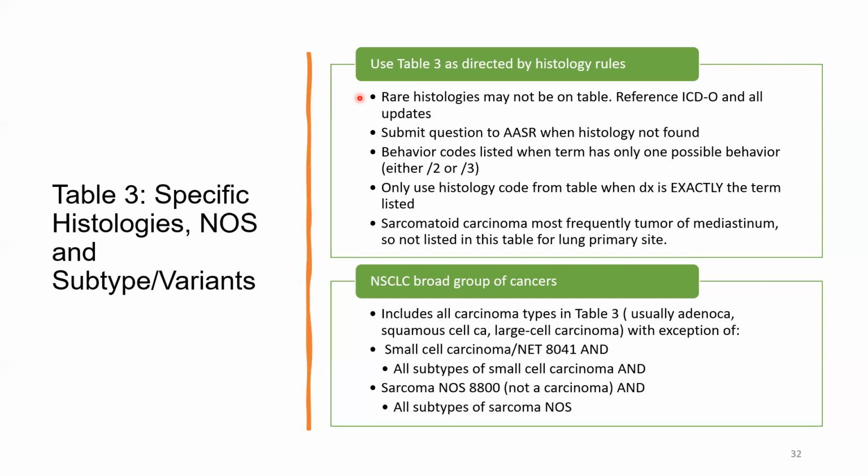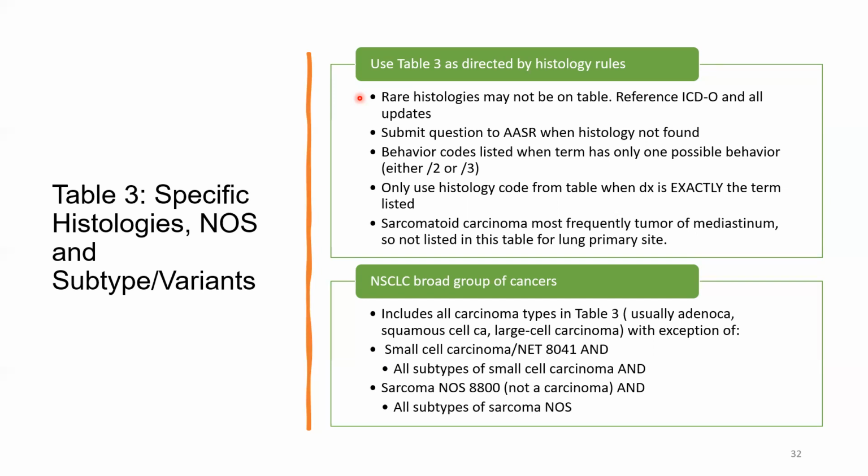And then think about if you have a sarcomatoid carcinoma, most frequently these are in the mediastinum. And so they are not listed in this table for the lung primary site. You would have to go to a different schema to look up that histology.